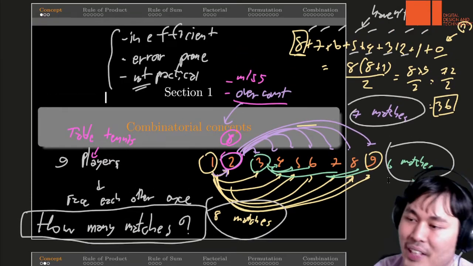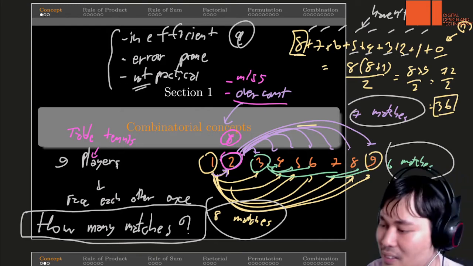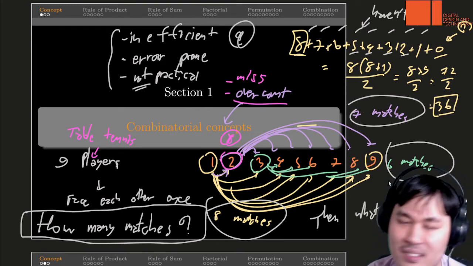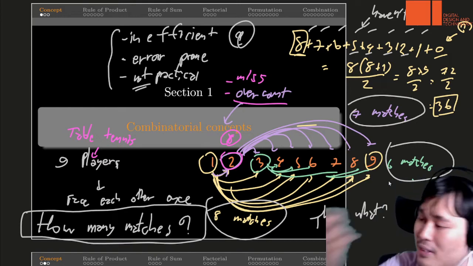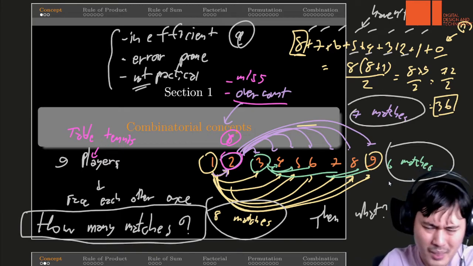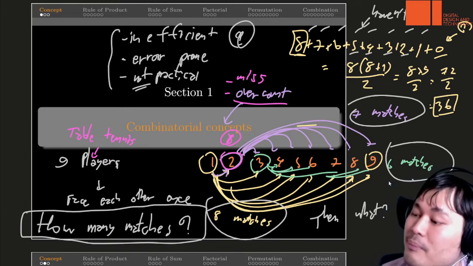And the question is, okay, if we don't want all these things, then what else? Is there a better way to count? Is there a formula for that, or is there a technique or notation or something? We count a lot, so we give them some names.